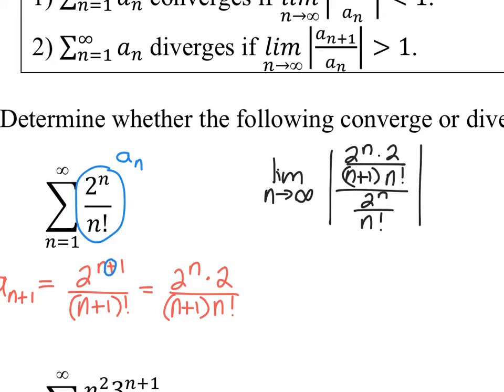And if your reaction is, how the hell am I supposed to find the limit of this? It's a mess. Well, you just answered it. It's a mess. Let's make it not a mess.